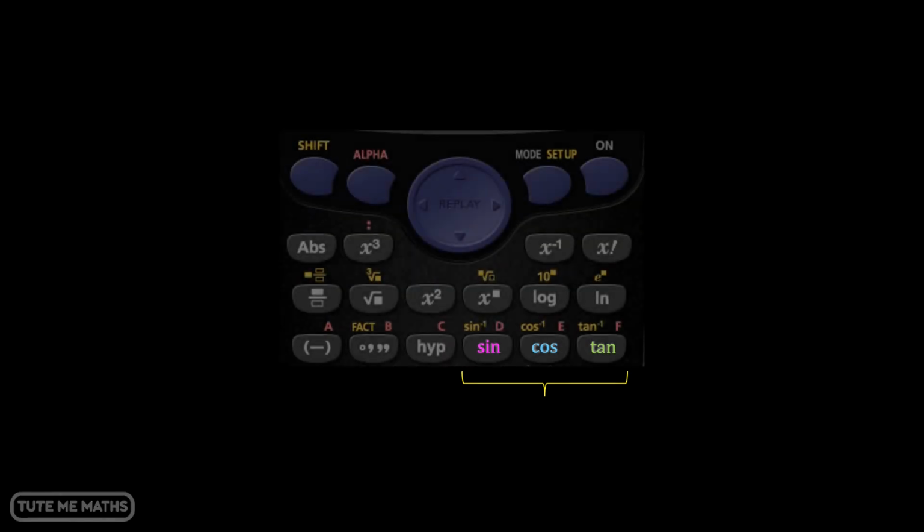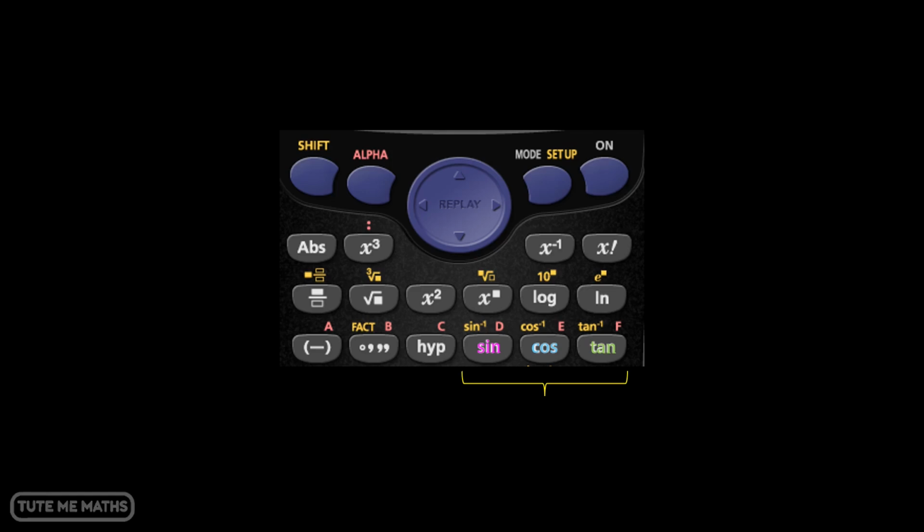To end our video, have a look at our 3 abbreviated ratio names. Have you seen them anywhere else before? They're written on buttons on your calculator. As a brief introduction, these buttons store the ratio values for every possible angle. But be warned, your calculator must be set to degrees to get the correct values.